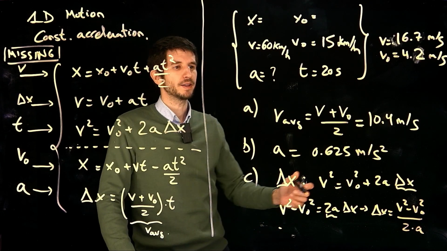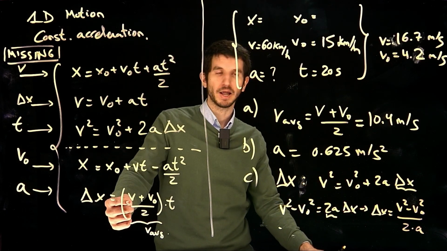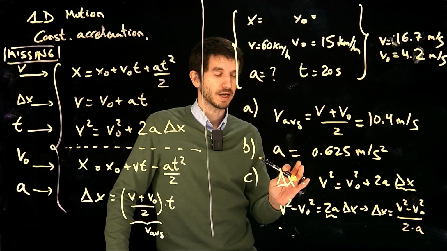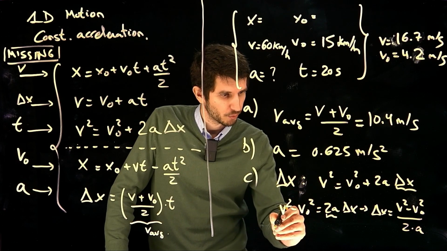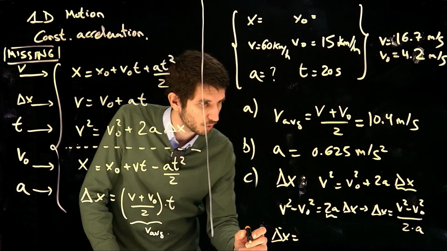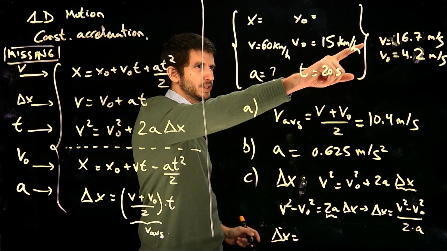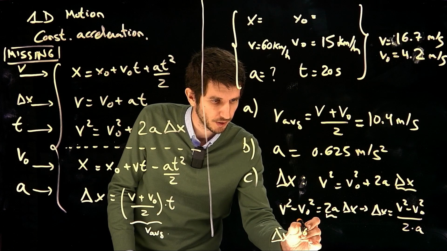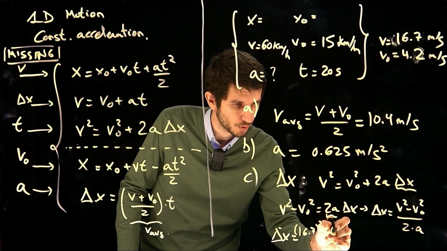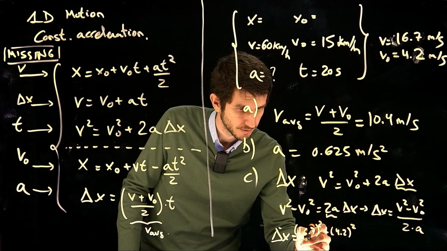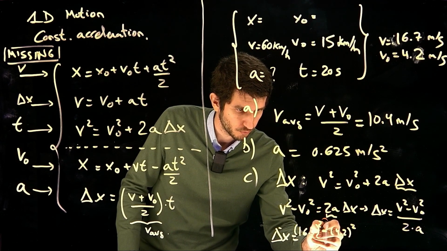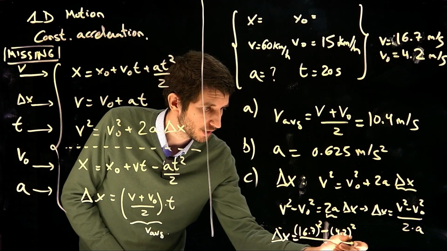Of course you see why this is much less convenient than directly plugging in the velocities, adding them together, dividing by 2, and multiplying times 20. But both give exactly the same result. So if we replace numbers in here, the displacement is equal to v squared, and v is 16.7, so 16.7 squared minus 4.2 squared, divided by 2 times the acceleration.